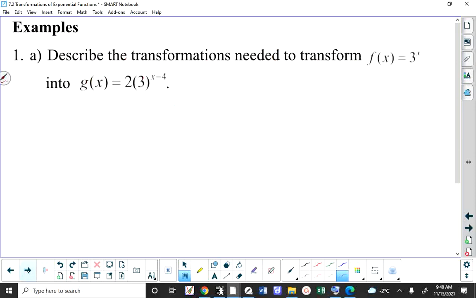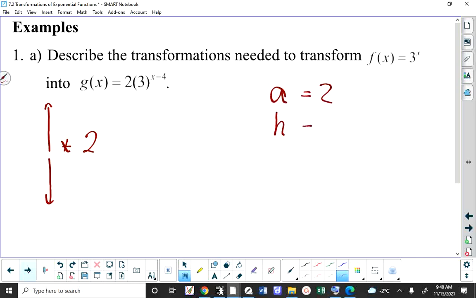All right, describe the transformations needed to transform y equals 3 to the x into 2 times 3 raised to the x minus 4. Well, this is easy. There's a vertical stretch by a factor of 2, reminding you, of course, that on a written response you would actually write that out in words. And the reason for that is the parameter a is 2.